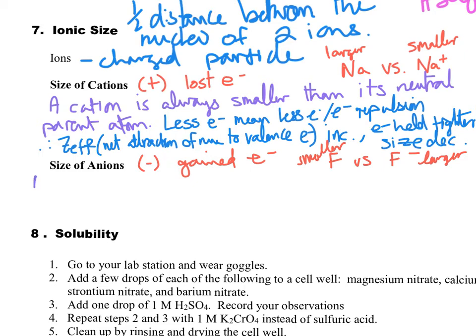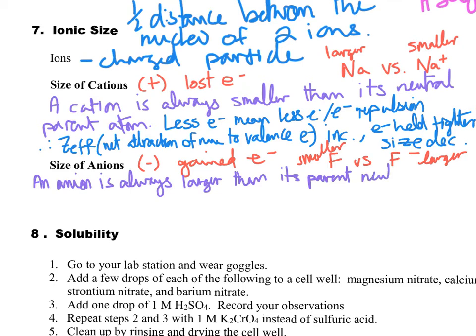So an anion is always larger than its parent neutral atom.